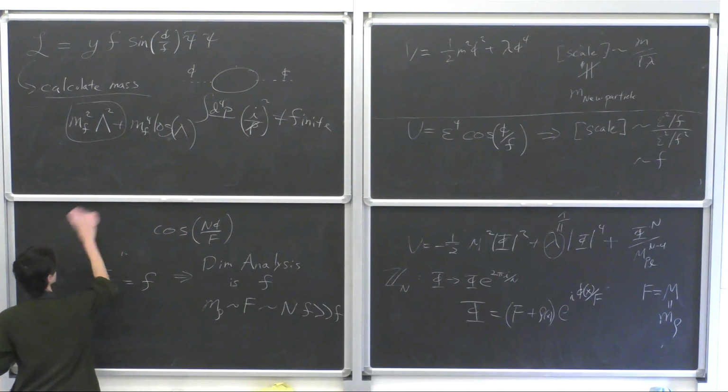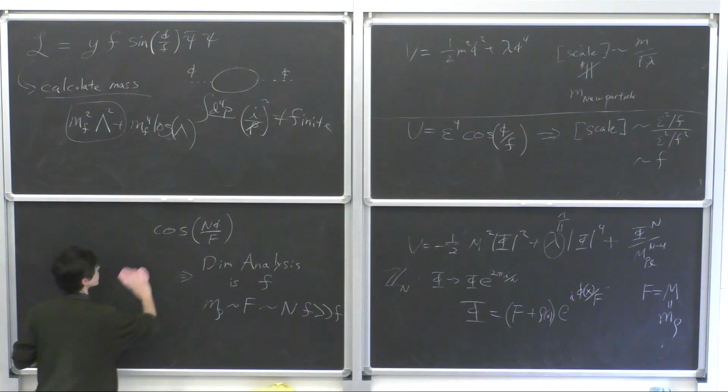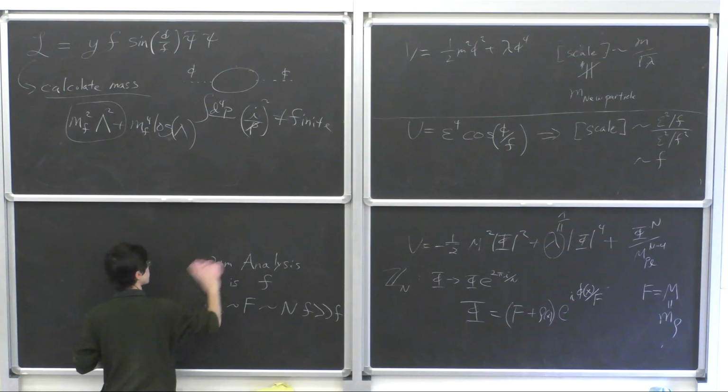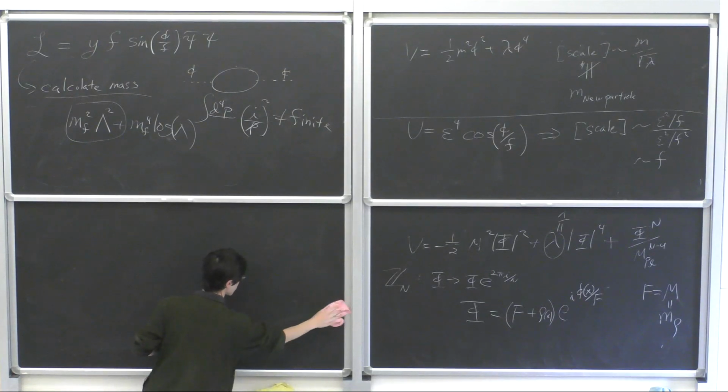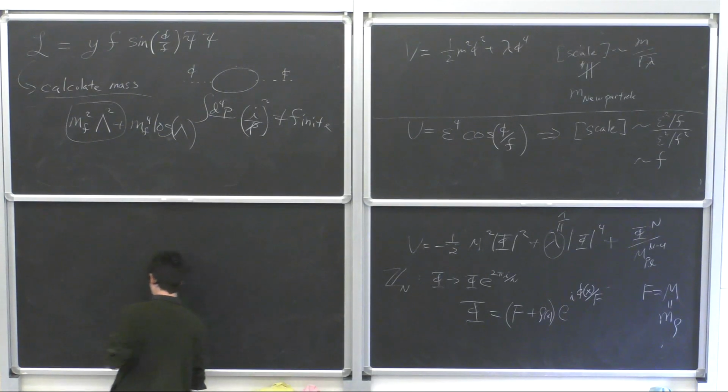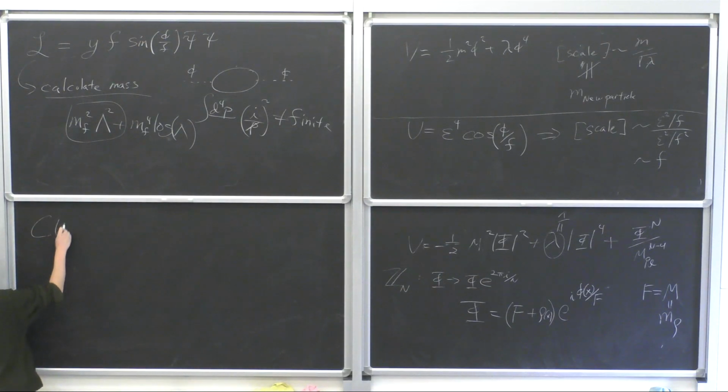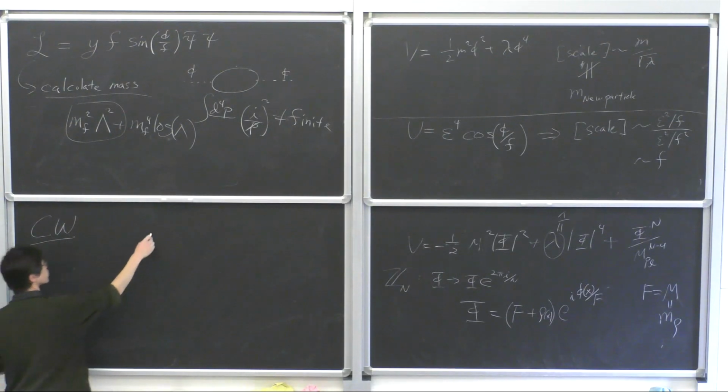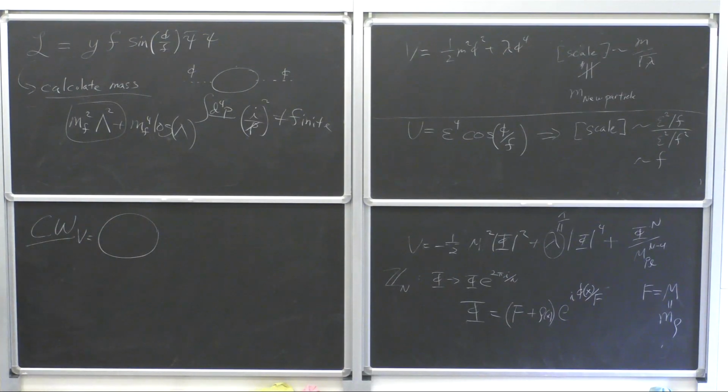So let's do the Coleman-Weinberg calculation. What is the normal Coleman-Weinberg calculation? The potential V is just an integral of a fermion loop, right?